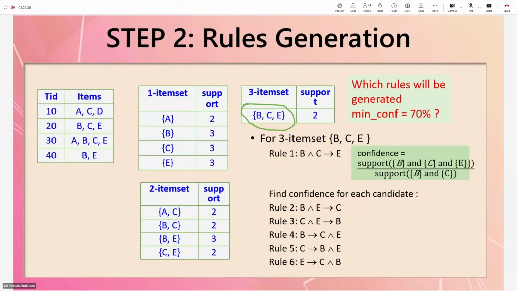Okay, so the confidence formula, if we are talking about B and C implies E, that means we are going to find the support of B and C and E, divided by the support of the antecedent.